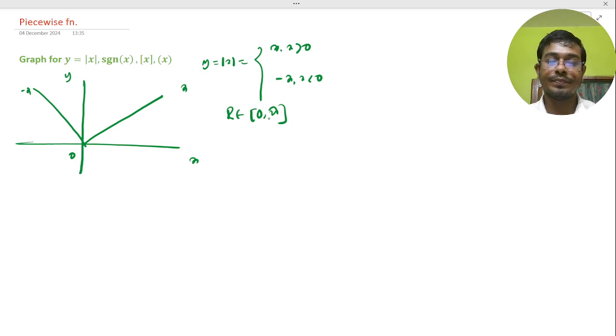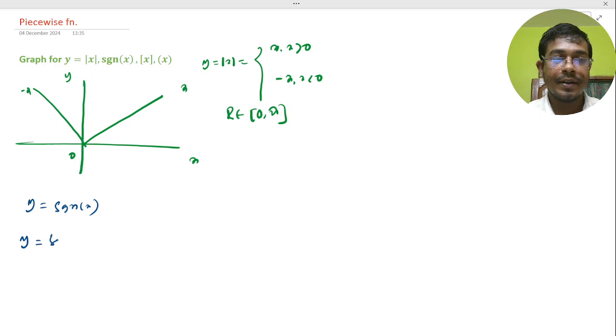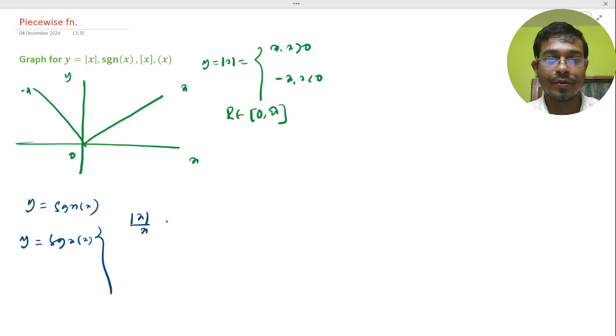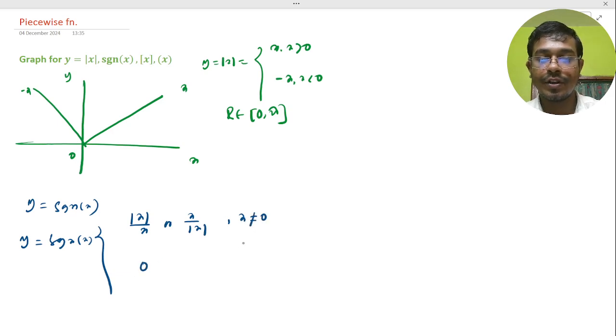So another one, the signum x, basically y equal to sgn x. So we have defined sgn x as basically mod x by x or x by mod x, otherwise 0 for x not equal to 0 and for x equal to 0.